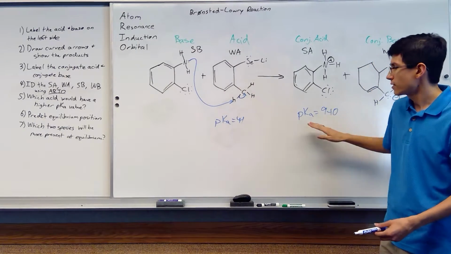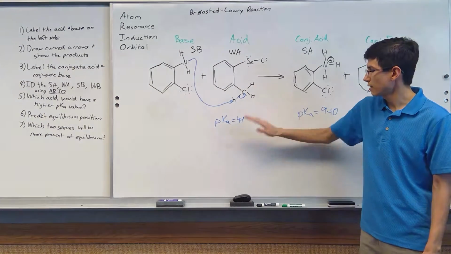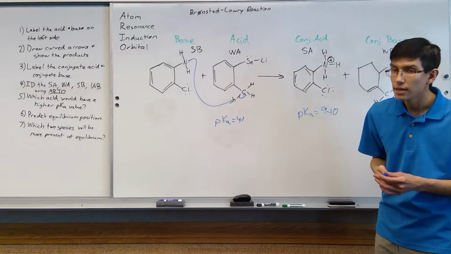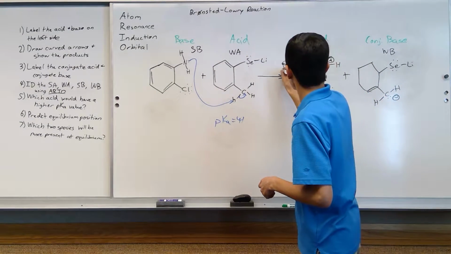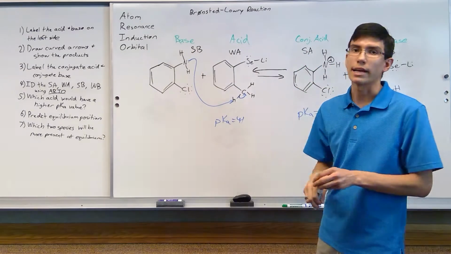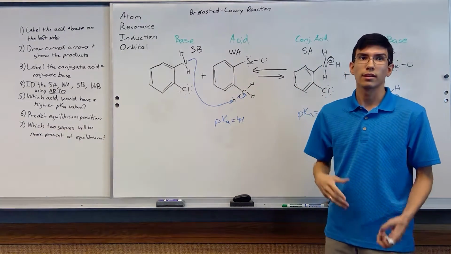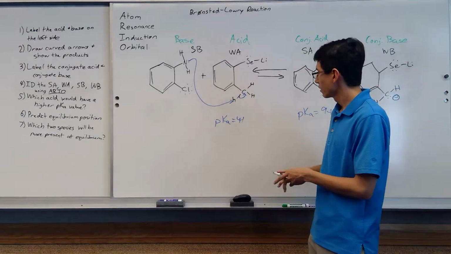Because the pKa is lower on this side than on this side, the equilibrium will shift to the reactant side because a reaction favors the side with the highest pKa.